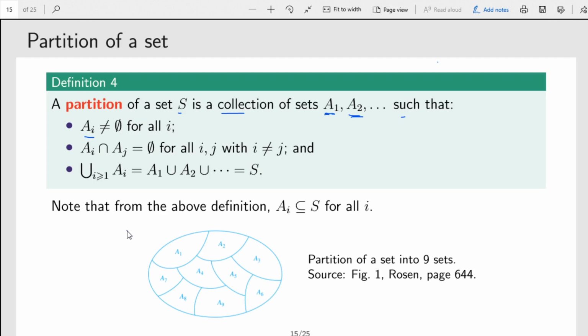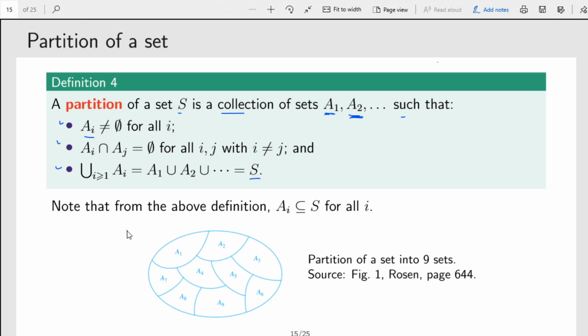So any two different members of the partition are disjoint, and then the union of all members of the partition is equal to the set S.